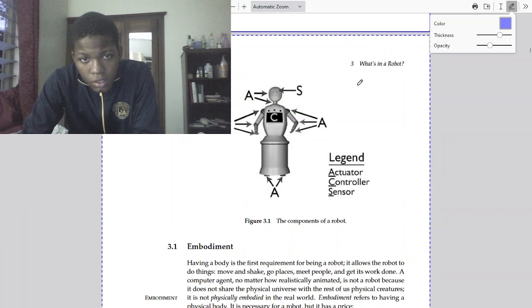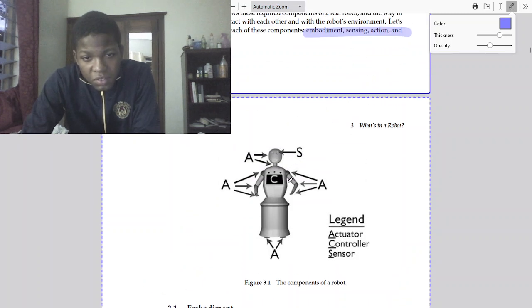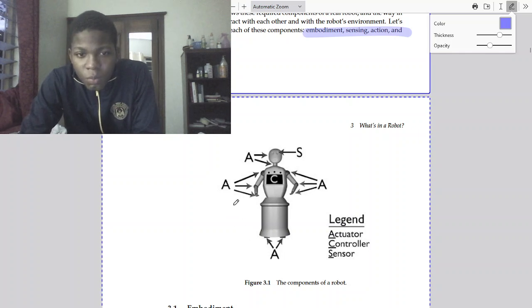Alright, let's go back up. So the actuators are like motors and stuff like that, I guess. The wheels, those are actuators because they allow the robot to move and take actions.